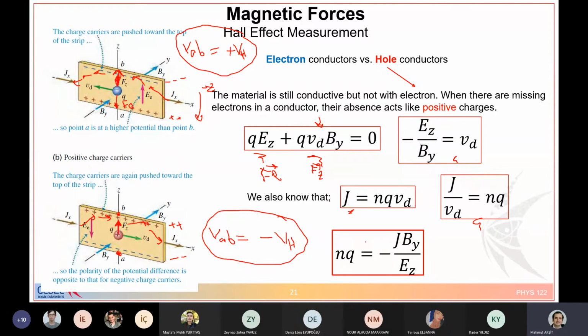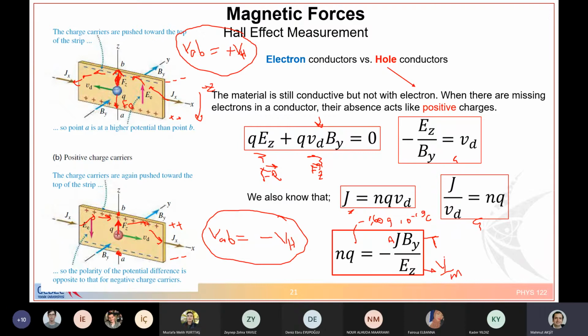For example, for an electron, you put minus 1.6 times 10 to the minus 19 coulombs for Q. And for current, you put the current value you have in amps, magnetic field value in Tesla, and for electric field it is going to be volt per meter.